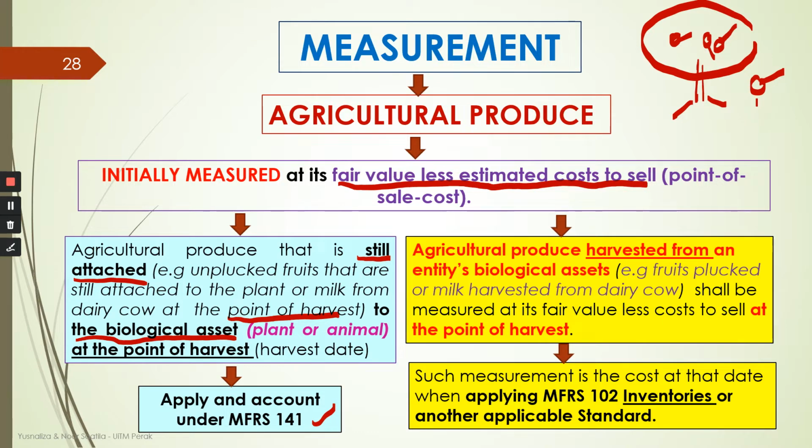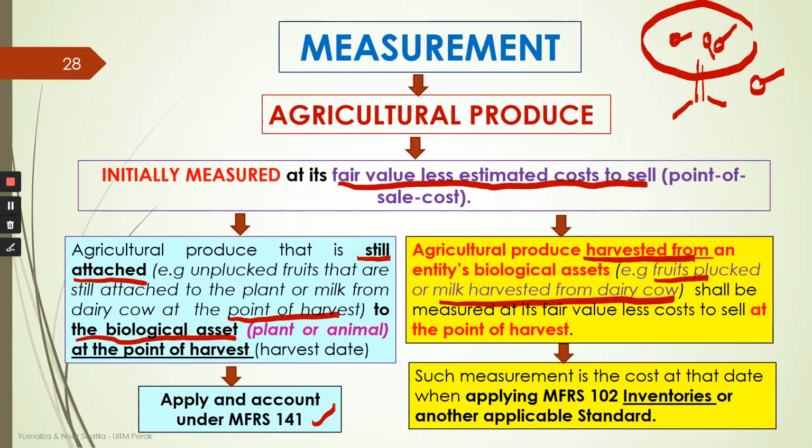This durian that has been detached from the tree is what you call harvested product, fruits that you pluck, or maybe harvested milk from the dairy cow just now. Those are accounted for under Mfrs 102, and it is measured at fair value less cost to sell. It is no longer using Mfrs 141 because it has been harvested.